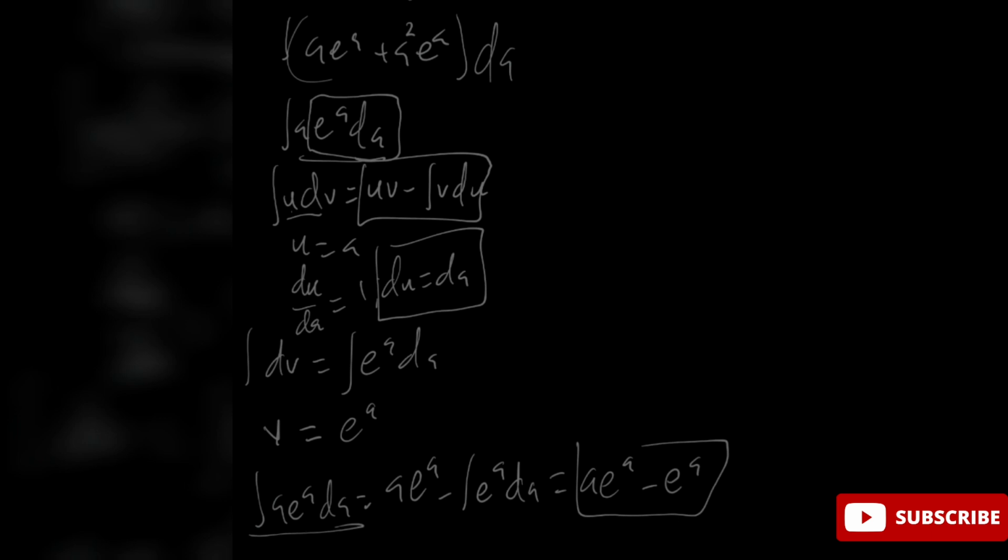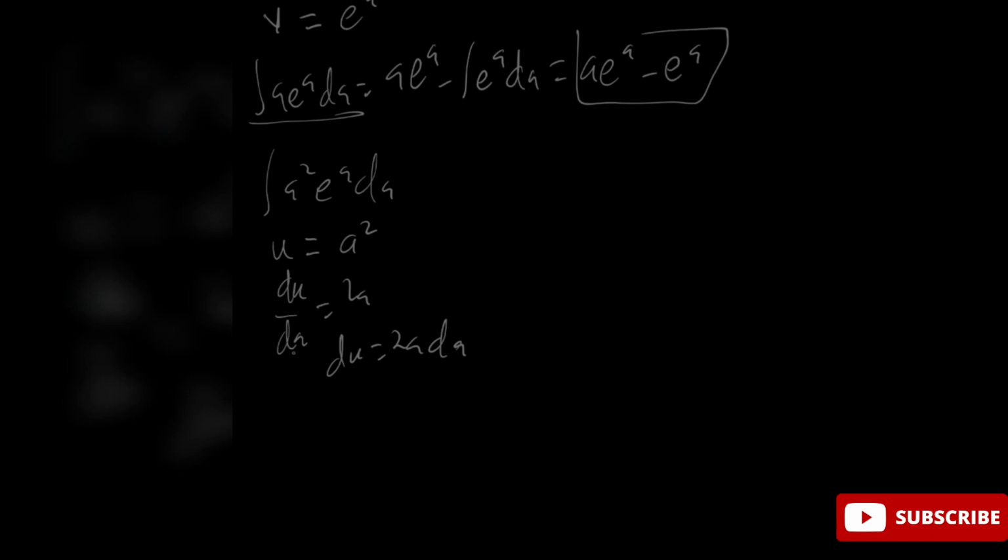Let's work out the other one, that is the integral of a squared e power a da. Using the same integration by parts formula, a squared will be equal to u, then du/da will be 2a, then du will be 2a da. So that means the remaining part will be dv. dv is equal to e power a da.